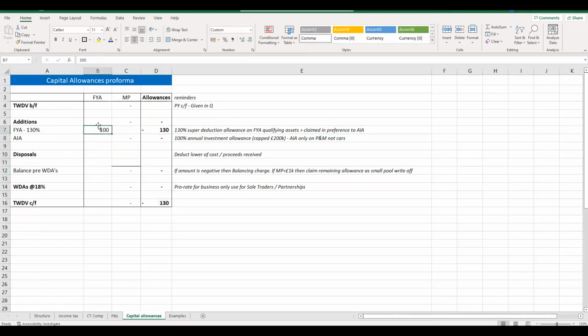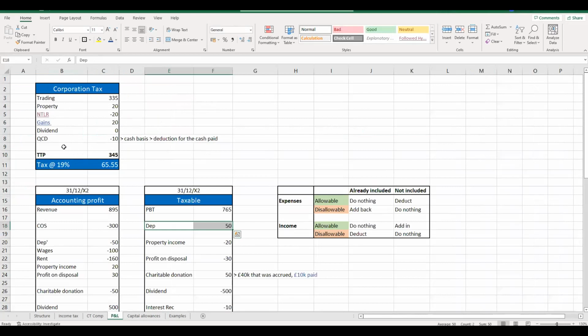So of course, if you incur a cost of 100, you're going to get an allowance of 130. And then what that allowance is going to do, just like we saw for individuals, is reduce your total taxable profits by your capital allowances.